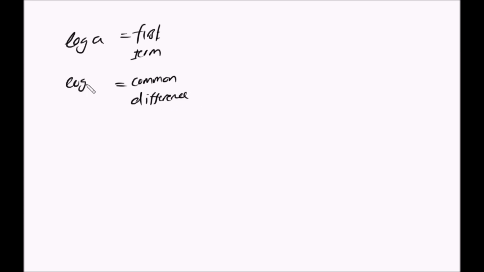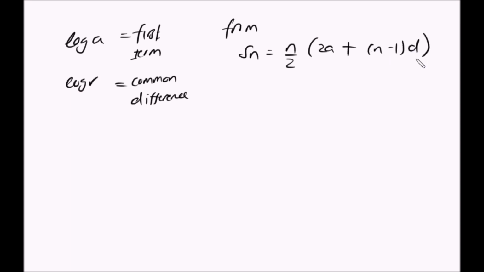So our first term ni log a, this is a first term. Alafu our common difference now ni log r. Sasa tunajua formula ya nini? Sum of n terms ni n over 2 [2a plus (n minus 1) d].